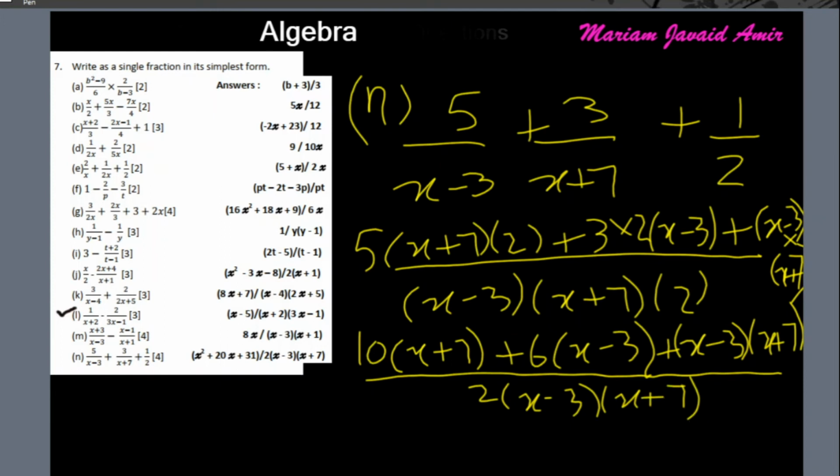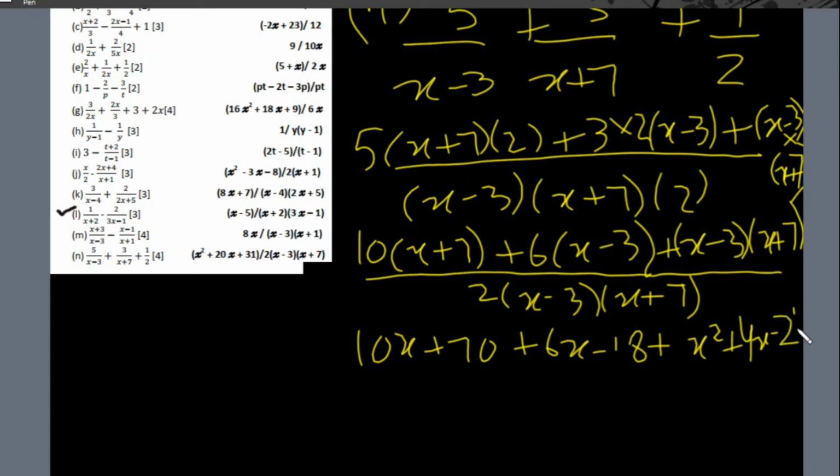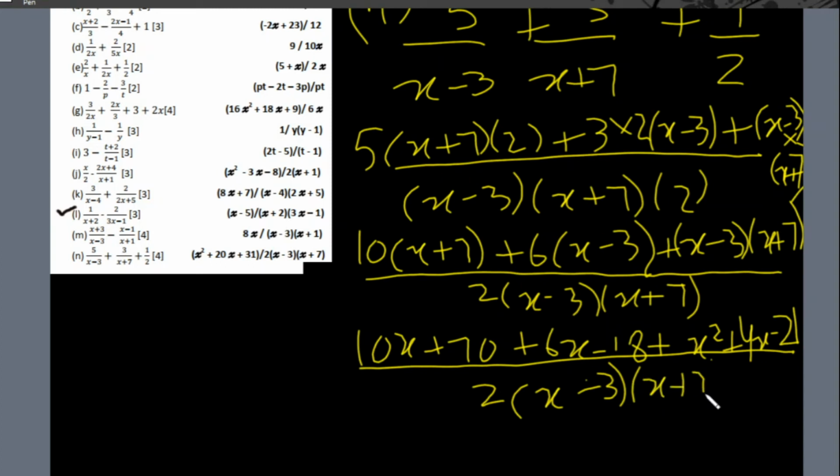Let's open the numerator and we get 10x plus 70 plus 6x minus 18 plus, I'm going to directly open this, x square minus 3x plus 7x will become plus 4x, and then minus 21 over 2 times x minus 3, x plus 7. Okay, then wait a second. Yes, alright.